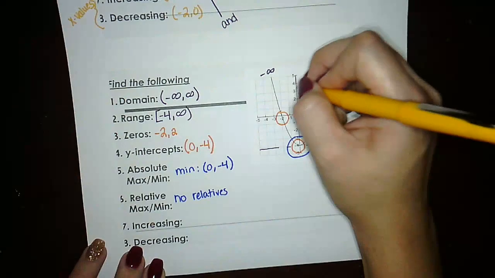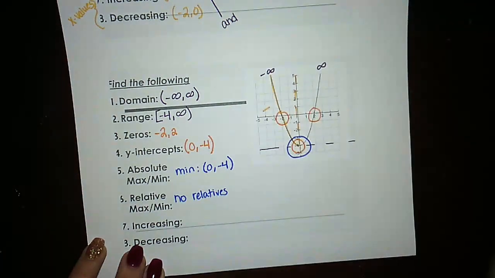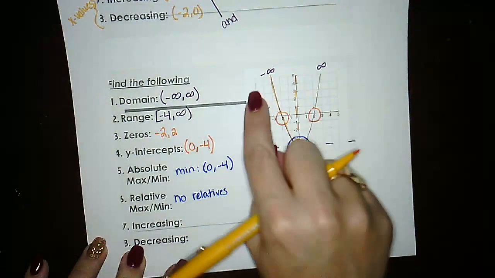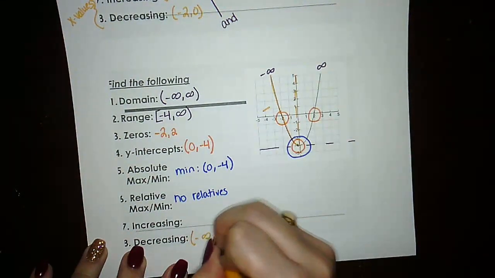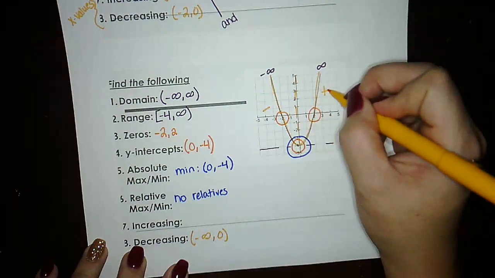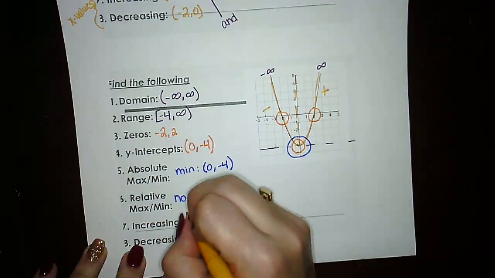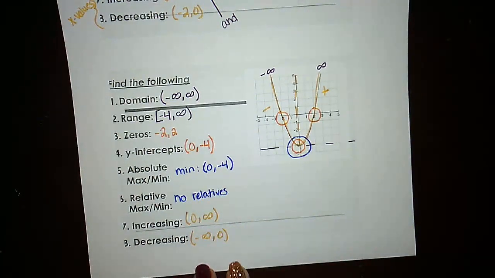Again, if it helps, draw your dotted line. I see it's going down. So it's decreasing from negative infinity to 0. And then here it's going up from 0 to infinity. So these are how you find characteristics of functions.